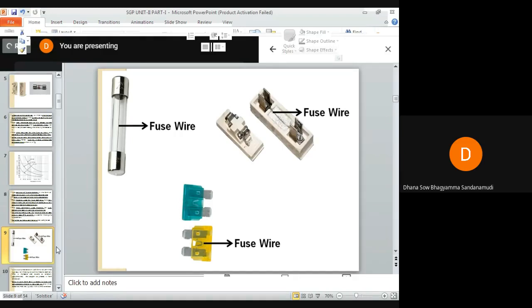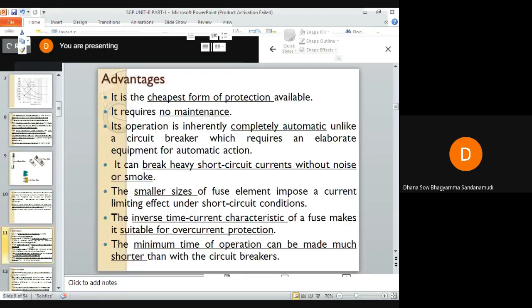Now let us see the advantages of using the fuse. It is the cheapest form of protective device available in the market. So if I want the cheapest protective device, it is better to use a fuse. There is no need for any maintenance, and it can operate automatically. For automatic operation, it won't require any elaborate equipment.